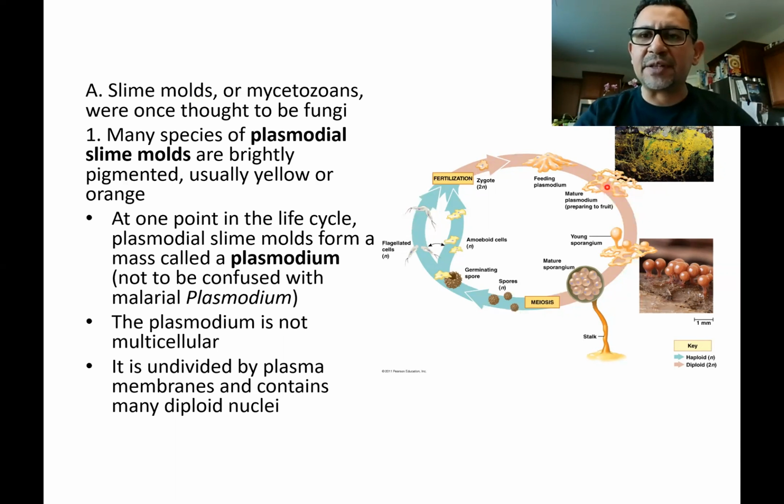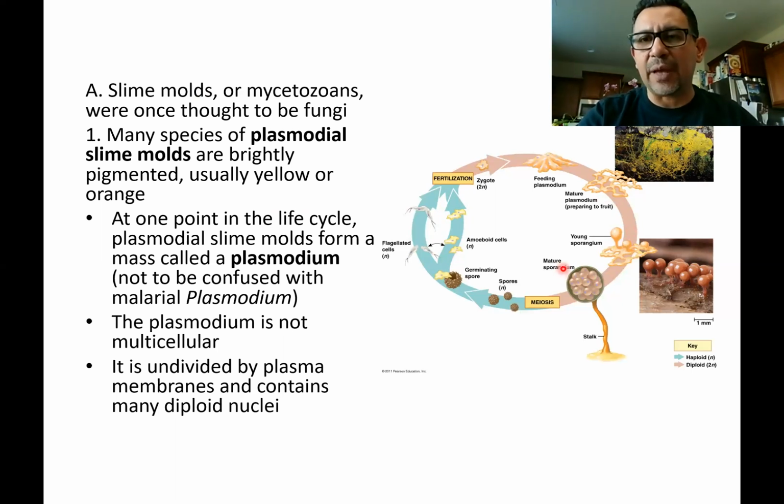What happens sometimes is that the conditions turn not as favorable as the slime mold would hope to have. When conditions begin to turn harsh, some of the cytoplasmic masses and nuclei begin to form a bell-like structure, kind of like a vesicle, and in here a few of those nuclei are going to turn into what we call a sporangium.